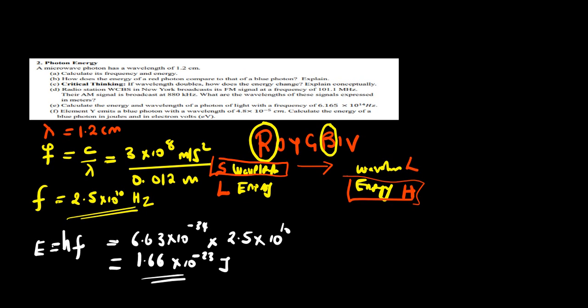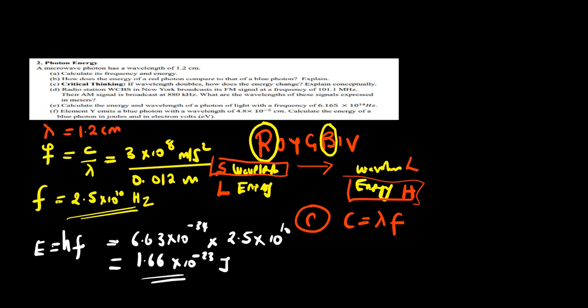Then question C is a critical thinking question. If wavelength doubles, how does the energy change? Explain conceptually. Now how do you explain C? You remember the speed of light is equal to the wavelength multiplied by the frequency.